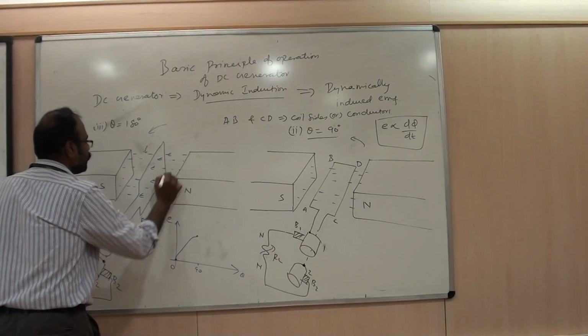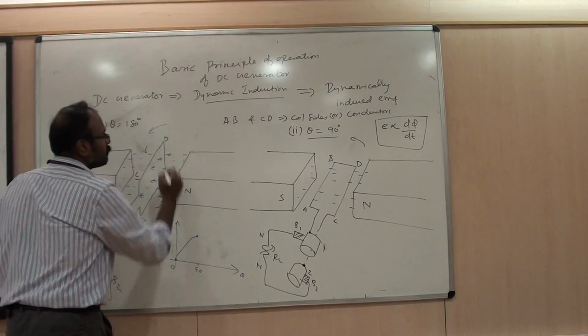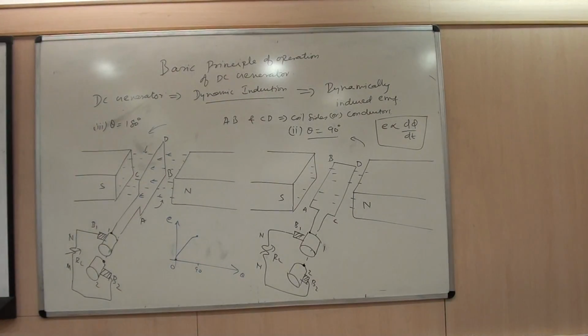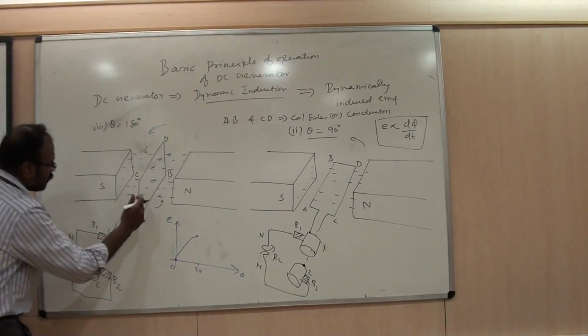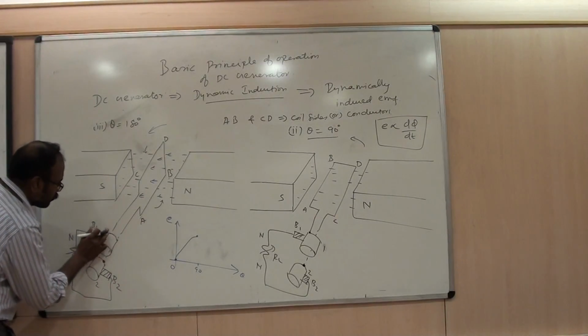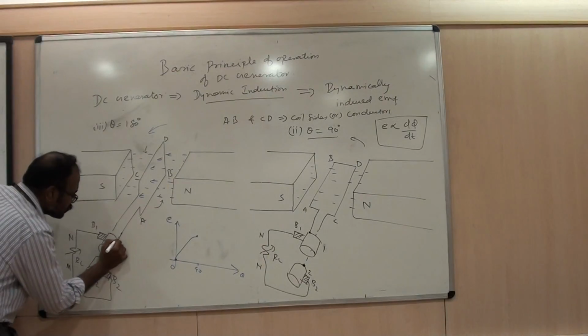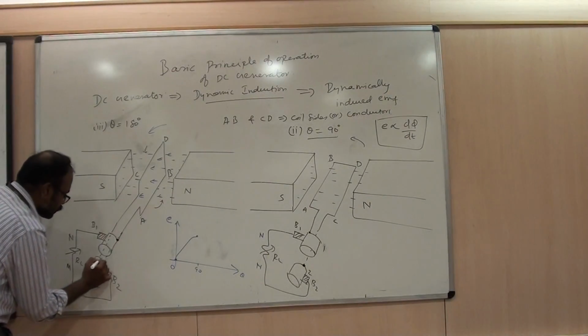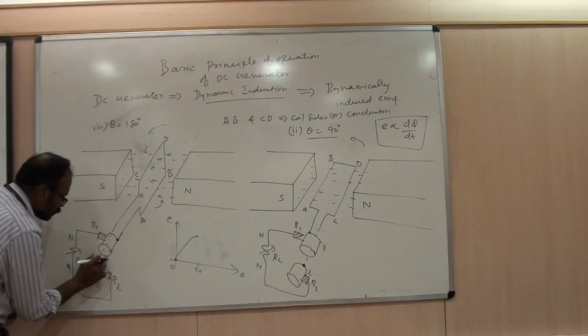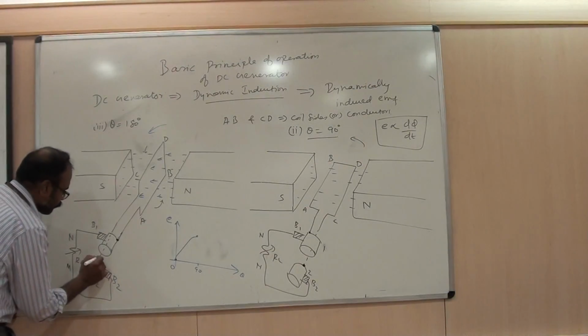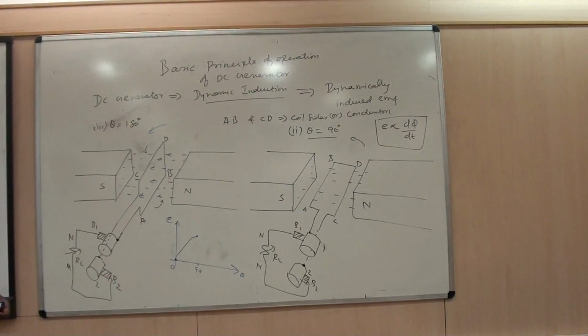This will be AB and this will be CD, because of the continuous rotation of your coil. AB is rigidly fixed to this one, but CD is connected to this one. So this is the position of 180 degree. Half of the rotation is over.